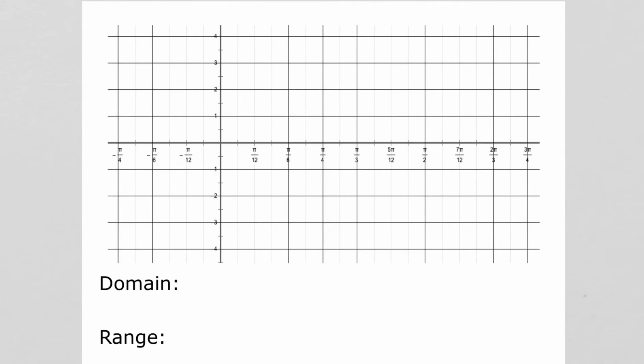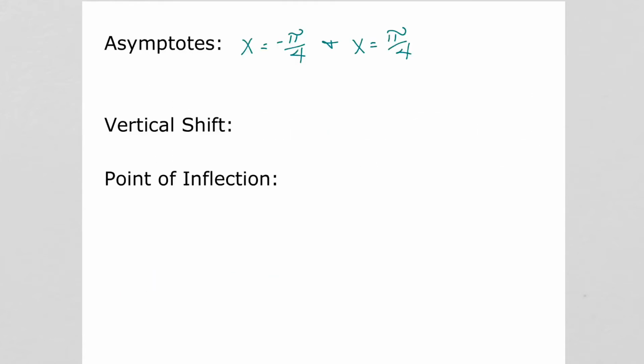And that tells you your asymptotes. They're at negative pi over 4 and pi over 4. So I'm going to go ahead and graph some asymptotes. The period here from negative pi over 4 to pi over 4 would be pi over 2.